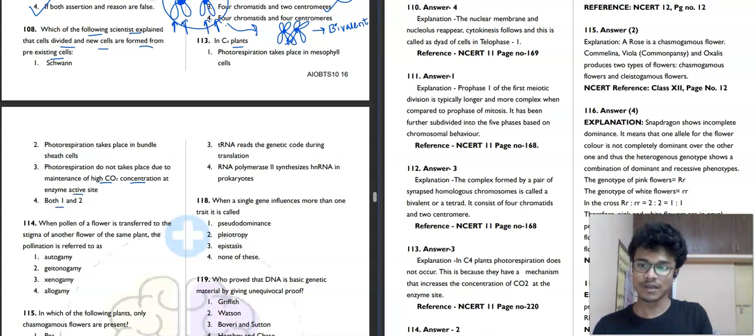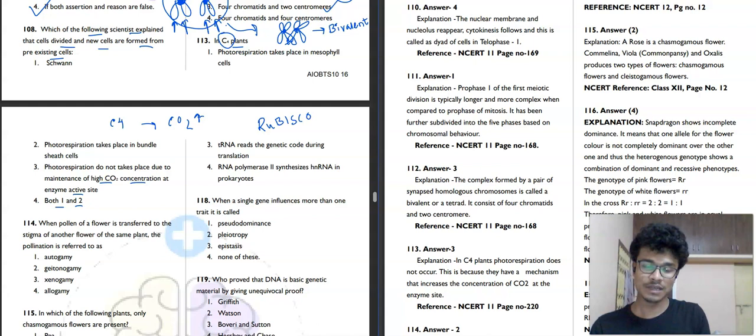Next, it is saying that both 1 and 2. So we have to understand this question: C4 plants have basically a special mechanism that increases the concentration of CO2 at the enzyme site, and CO2 fixation is done by the Rubisco enzyme.